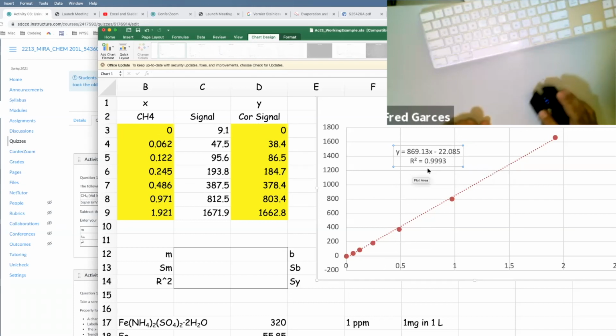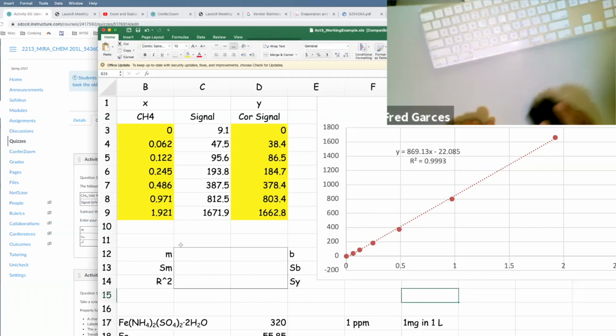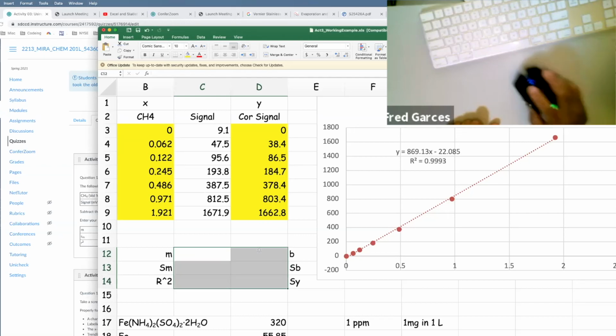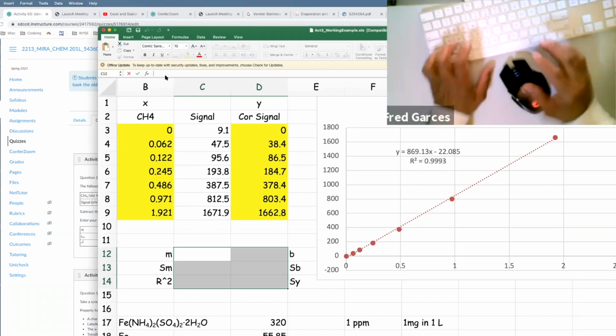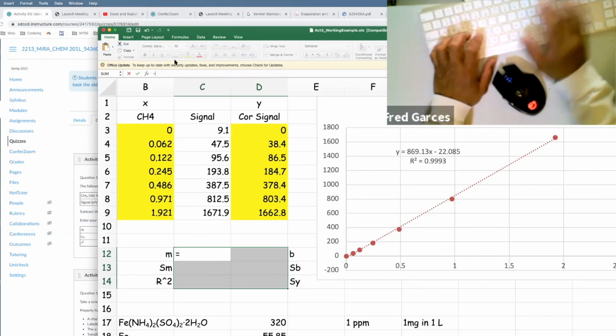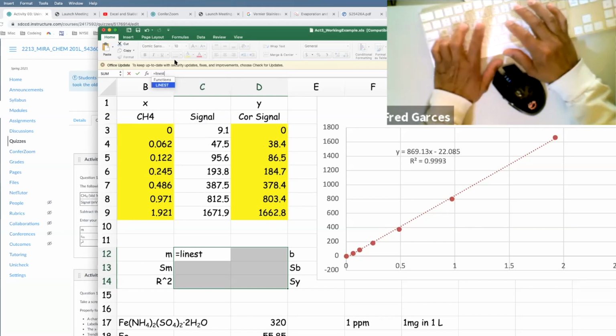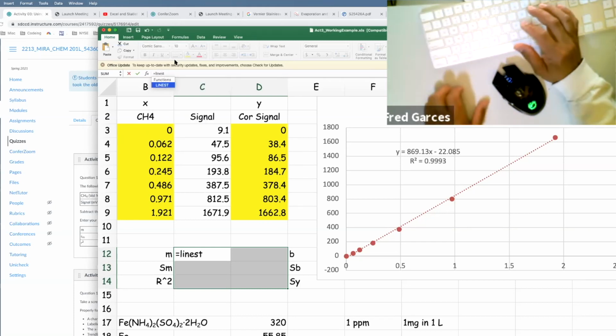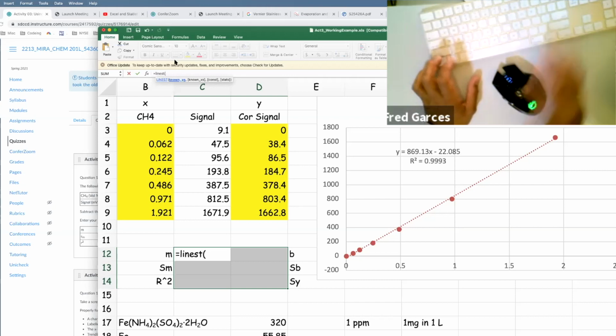Next thing I'm going to do is LINEST. And the way I do LINEST is I need to highlight a 2x3 grid. That's what you see right here. I highlight that, just clicking, highlighting this, and then releasing it. Then I go to the formula bar, and I type in equals LINEST, left parenthesis.